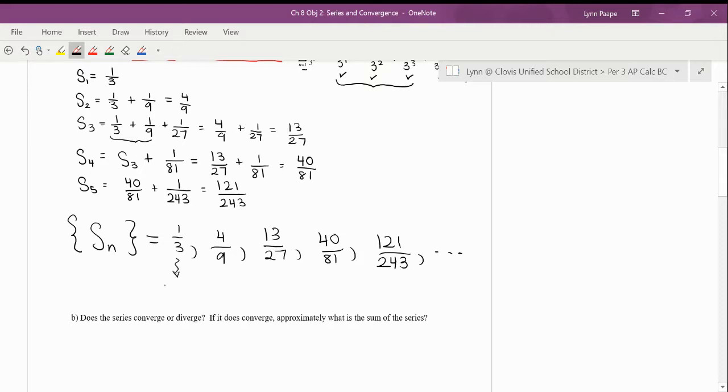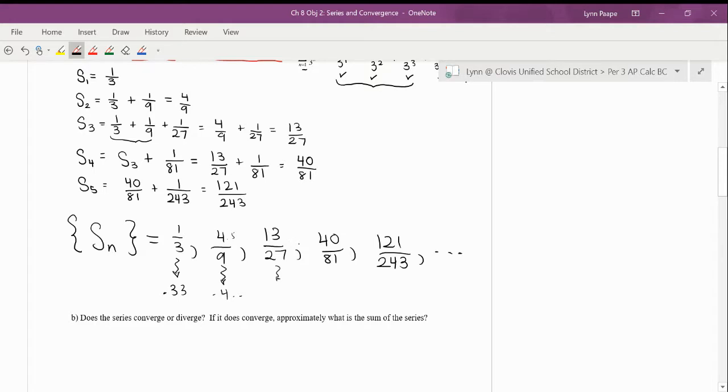So if I do decimals here, that would be like 0.3 repeating, right? 4/9 is almost a half, right? Because 4.5 over 9 would be a half, so that's got to be 0.4 something. 13 over 27 is also close to a half. Let me get a calculator out so that I'm not guessing.